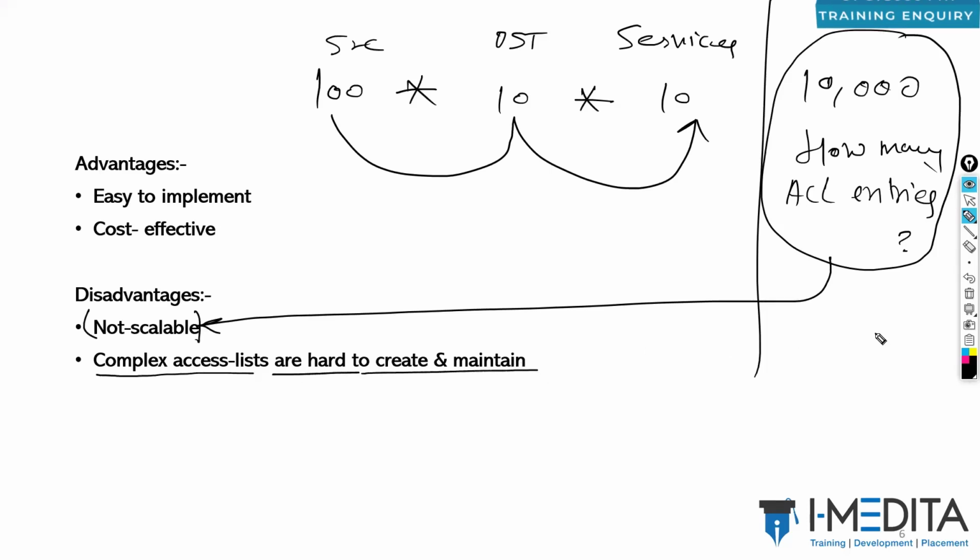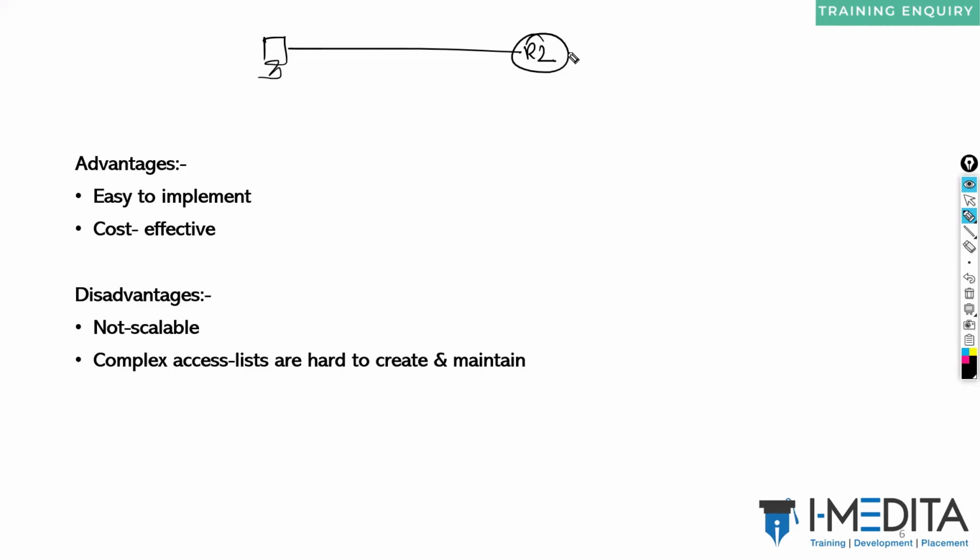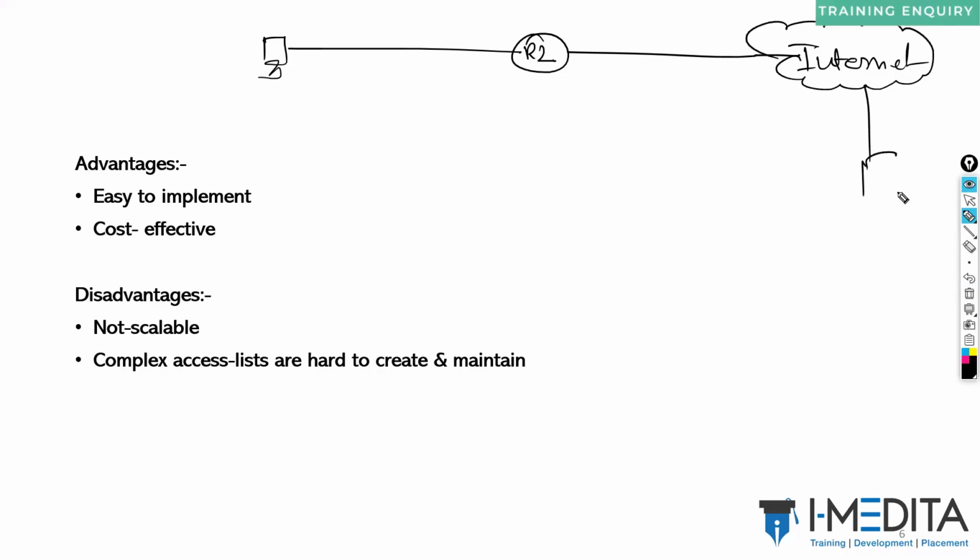You can't create a complex access list. So what is the meaning of complex access list here? To understand it, let's go through the diagram. We have a PC connected with a router, and the router is connected with the internet. And on this internet, we have a DNS server.